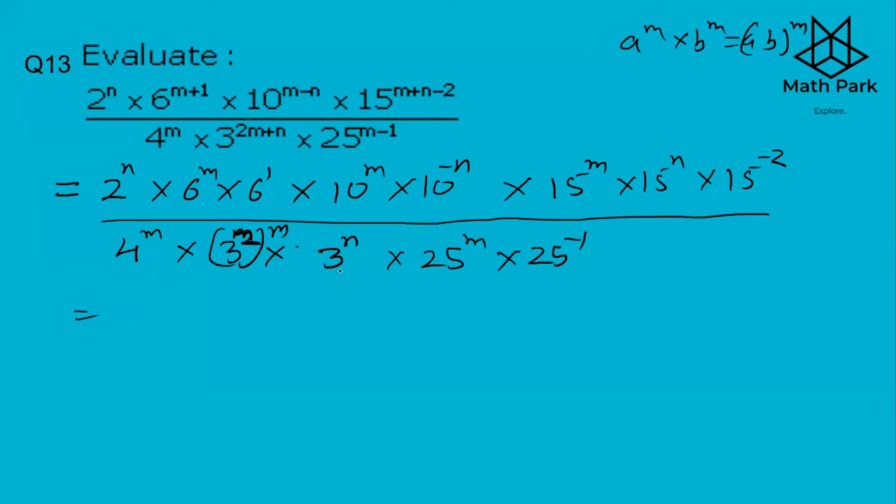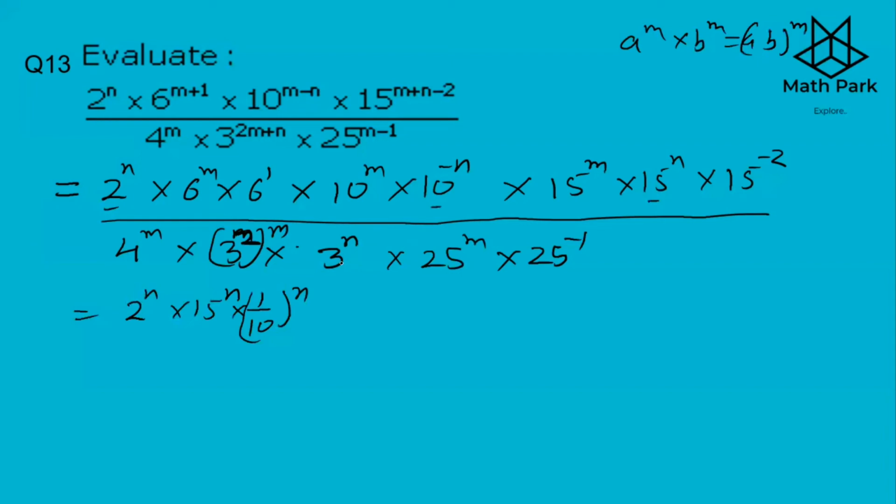So we'll take all the things with the same power together. We have 2 raised to n, and then we have into 15 raised to n, and then into 1 upon 10 raised to n, because this is 10 raised to minus n, 1 upon 10 raised to n. This we took all the n powers together, this 2 and this one.